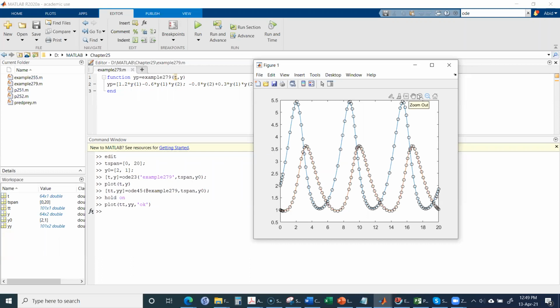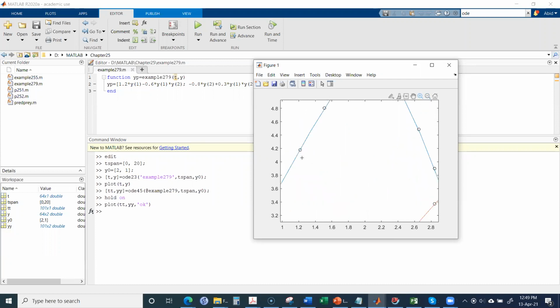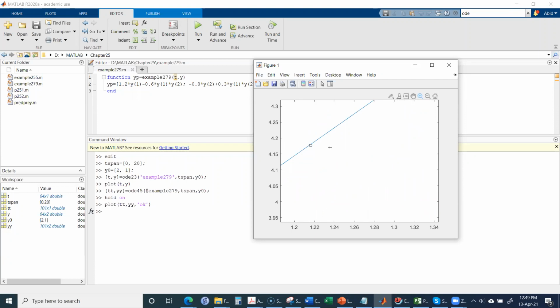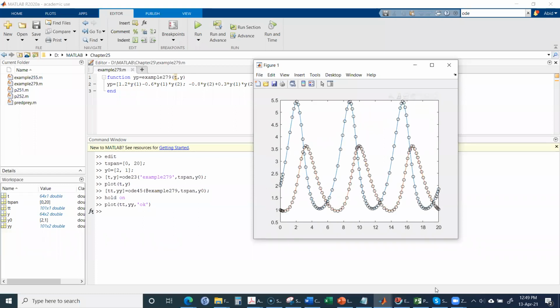You can see that both values quite match with each other. There is a little bit of difference over here when we zoom it out. So we can use any of these solvers.